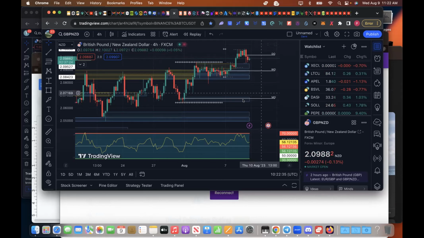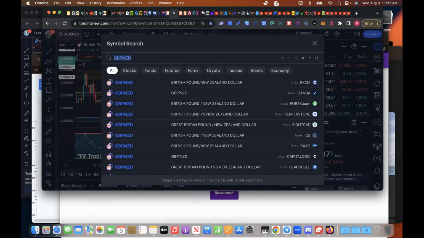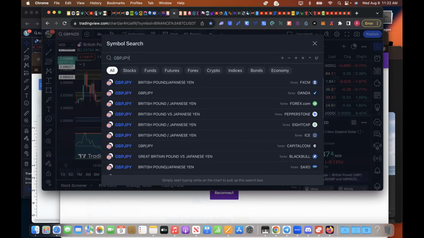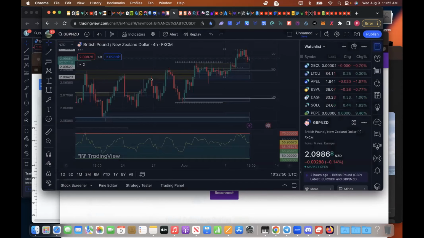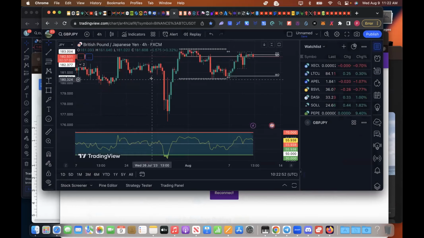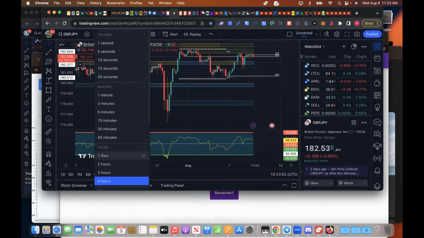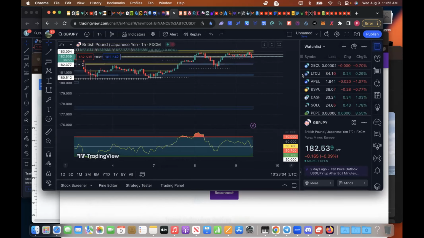So go ahead. One of it is GBP JPY to sell. Let's look at the 1 hour time frame.